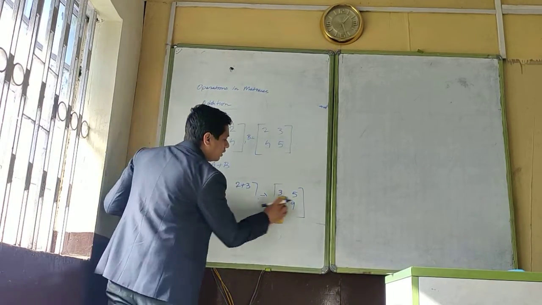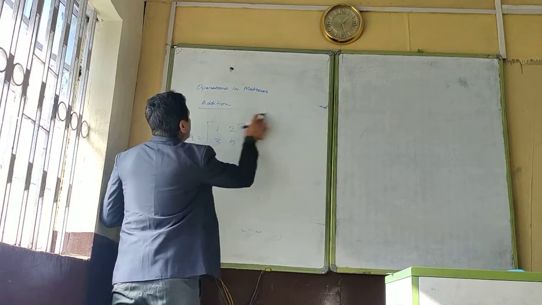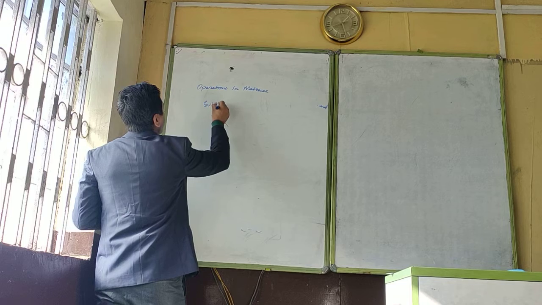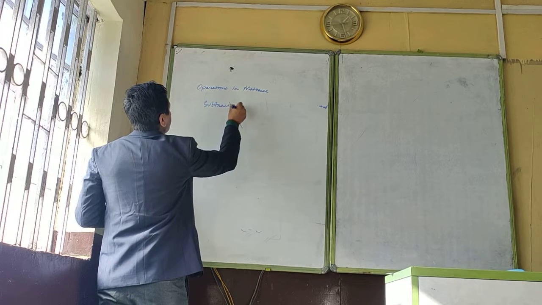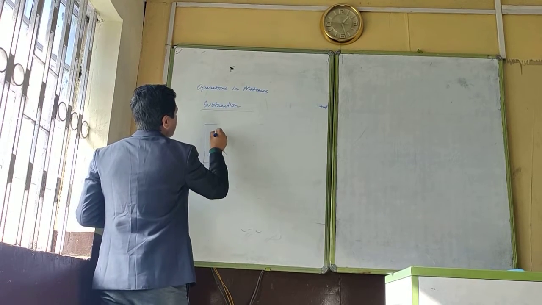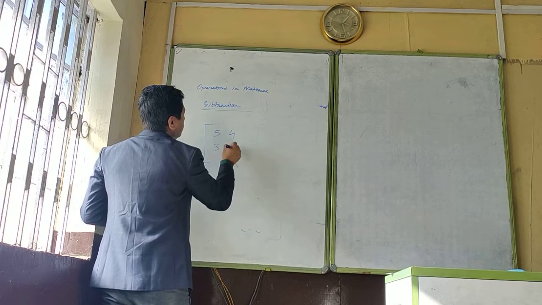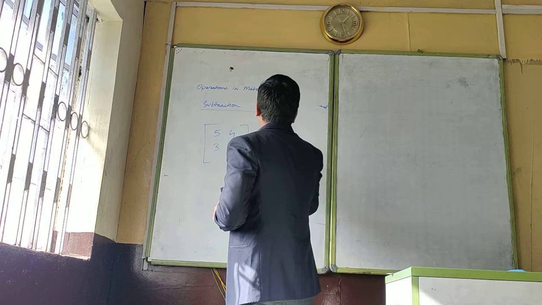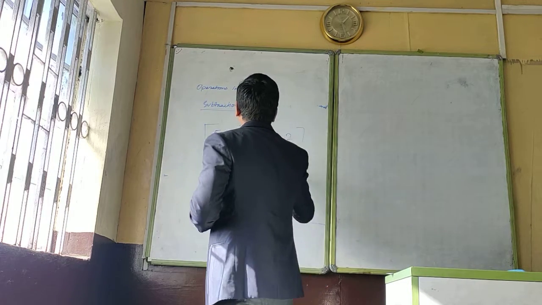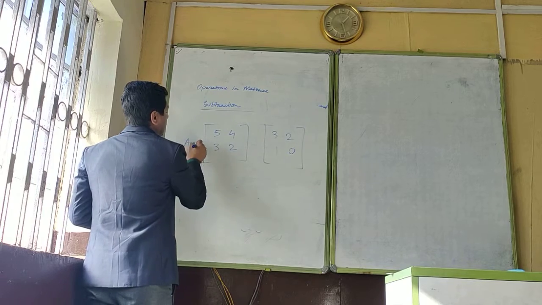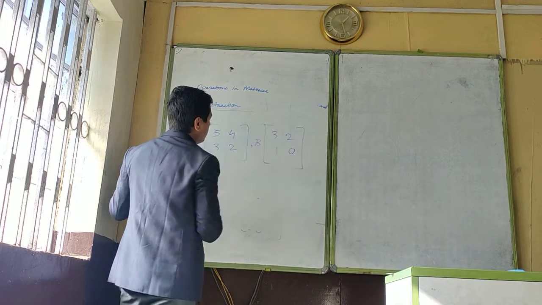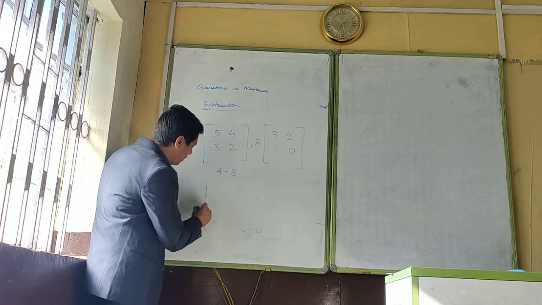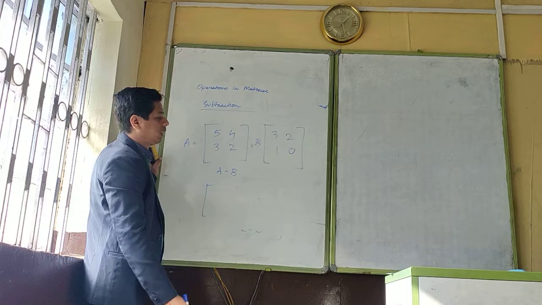Now we will do one subtraction. Let's take one example: 5, 4, 3, 2 and 3, 2, 1 and 0. This is A and this is B. Find A minus B. How are we going to do it? Same as we did in addition.